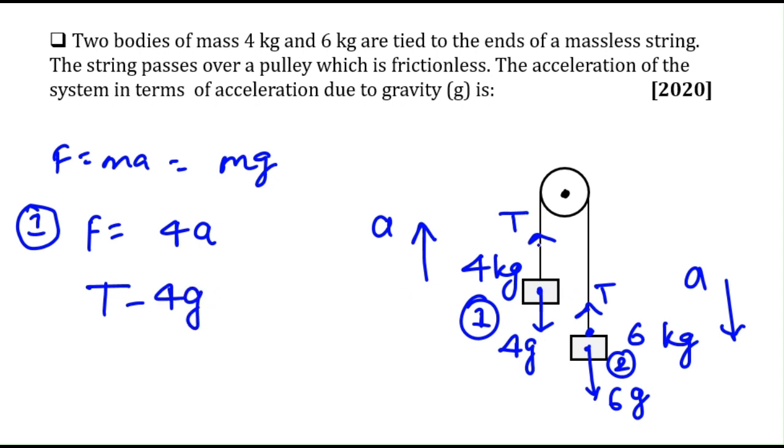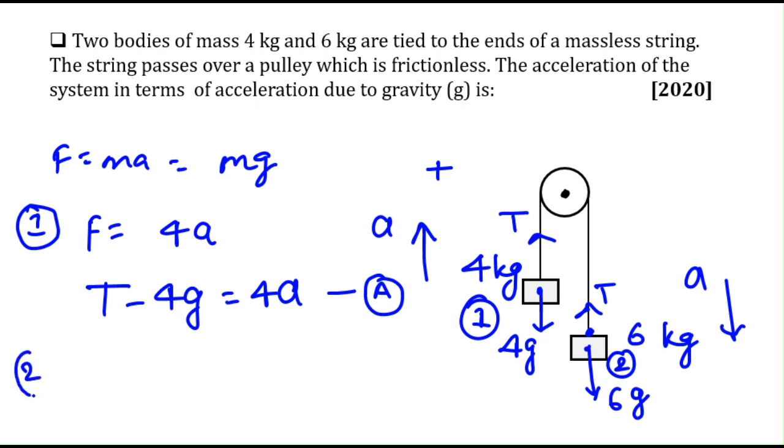One force, tension, is acting upward and another force, weight, is acting downward, and this net force should be equal to 4a, that is mass of the body into acceleration. Let's say this equation is equation A.